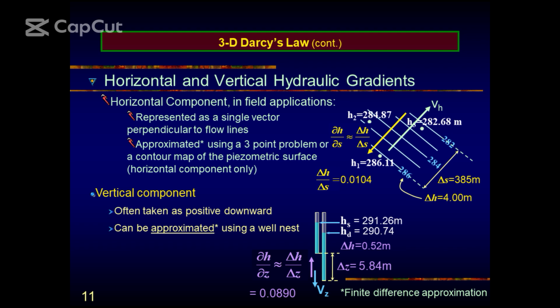So when we have these lines, then flow is represented as a single vector perpendicular to the equipotential lines. These are the flow lines. It has to be perpendicular because it has direction, isn't it? Up will be what? Hydraulic gradient? Up from 282 to 286, increasing towards the direction of increasing pressure head.